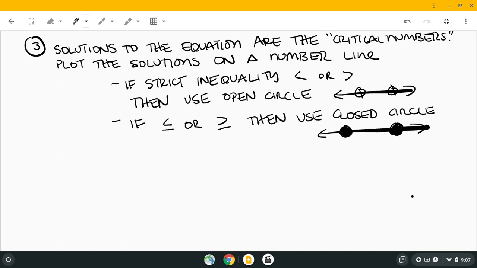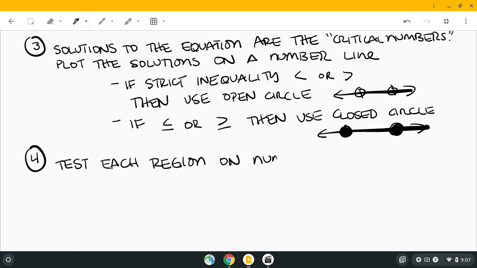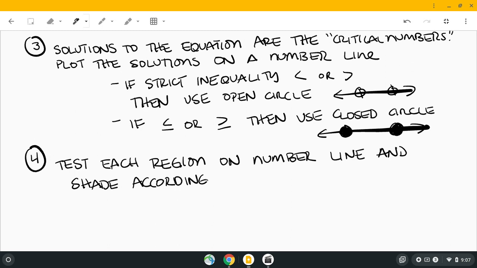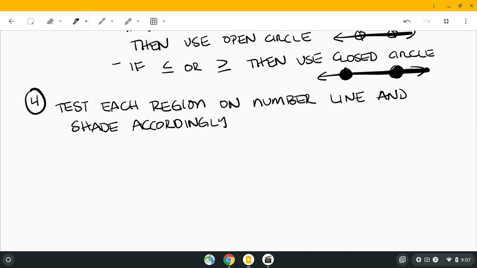And then after you do that, you are going to test each region on the number line and shade accordingly.